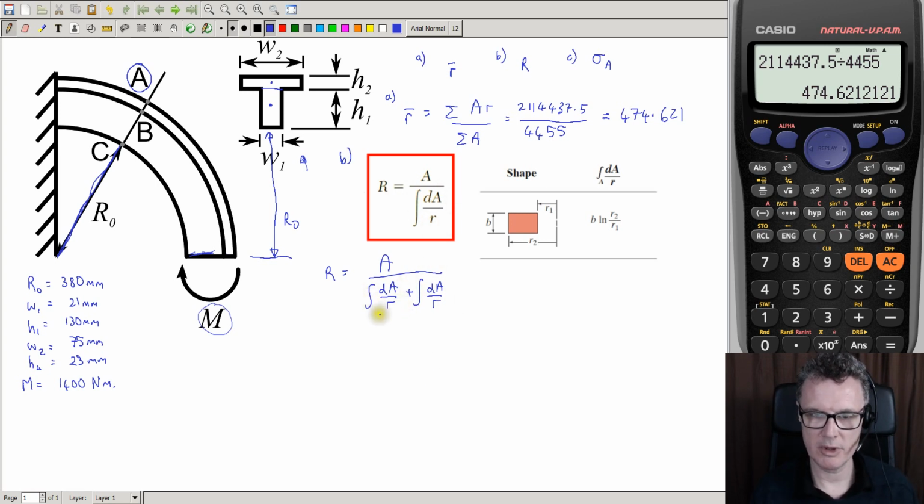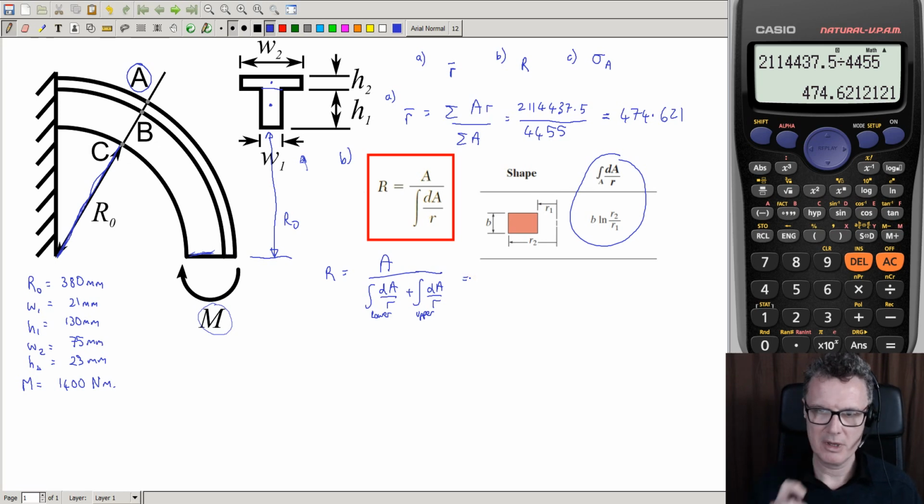But when I split them up as this, so I've got lower and upper, the advantage of splitting my integral up like that is I can now use the textbook solution of that integral and just plug in my numbers. So let's write out the numbers so you can see where the things are coming from.